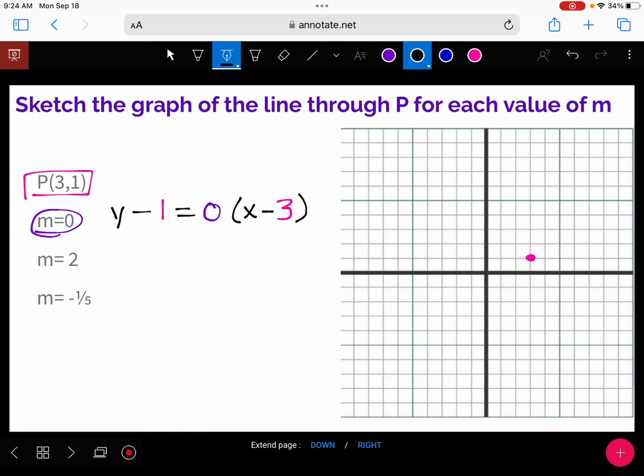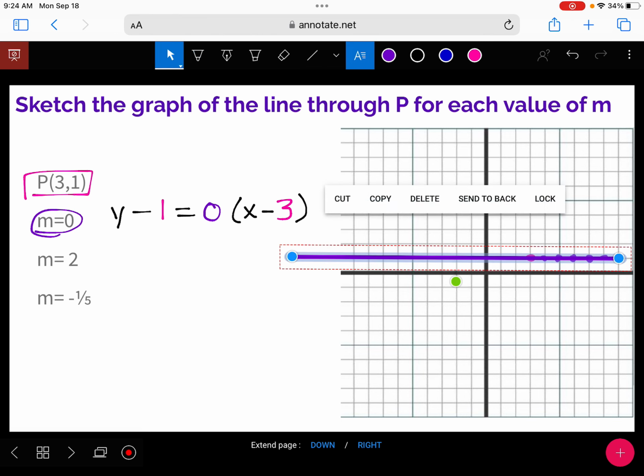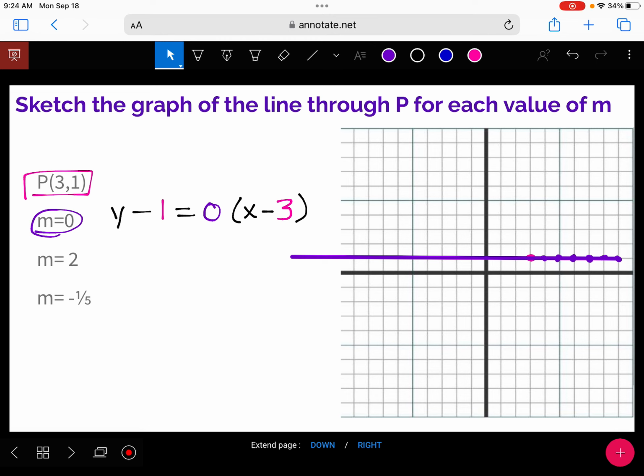How do we move? Up 0 over 1. So we're going to go up 0 over 1. What does this look like? A horizontal line. Horizontal lines have a slope of 0.